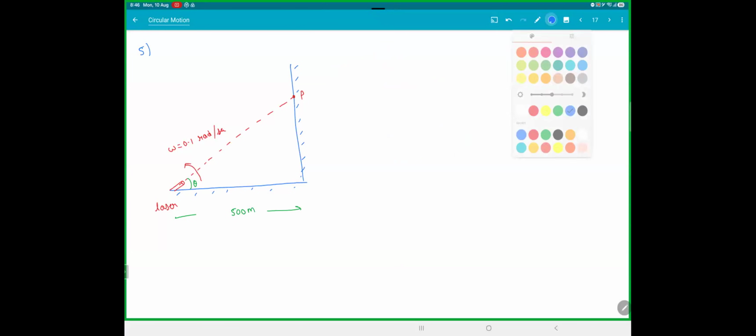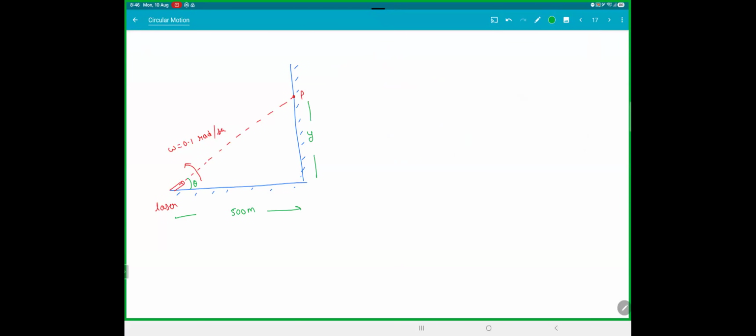Let this be y. This is just brute force differentiation. From here we get tan theta equals y by 500, so y is equal to 500 tan theta. You want velocity? Differentiate it. So velocity of point P is dy by dt, it's only going up.